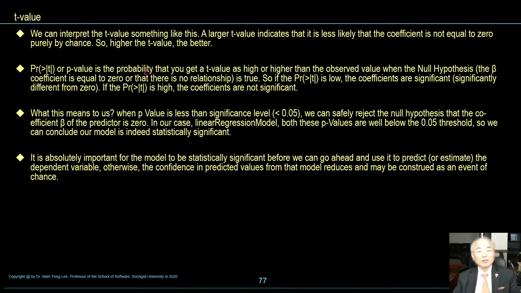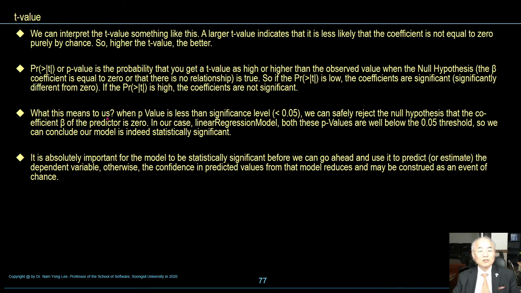The p-value is the probability that you get a t-value as high or higher than the observed value when the null hypothesis, beta equal to 0, or that there is no relationship, is true. So if the p-value is low, the coefficients are significant, meaning significantly different from 0. If the p-value is high, the coefficients are not significant.